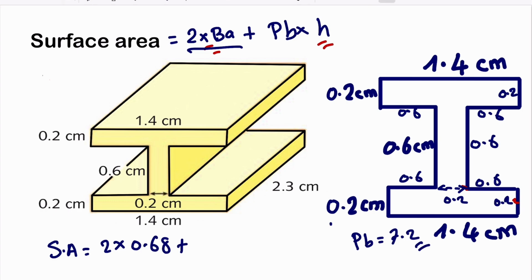If we continue with our formula, 7.2, which is the perimeter of the base, times the height, we are going to get 7.2 times the height, which is 2.3.